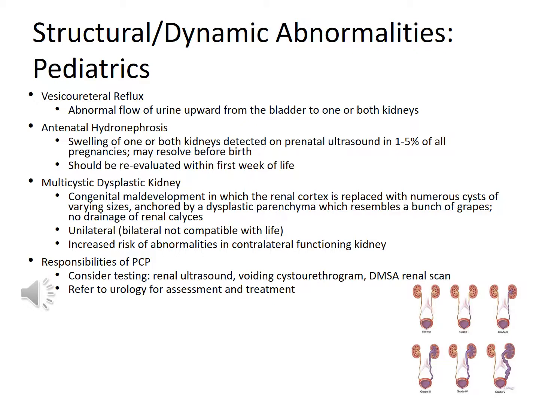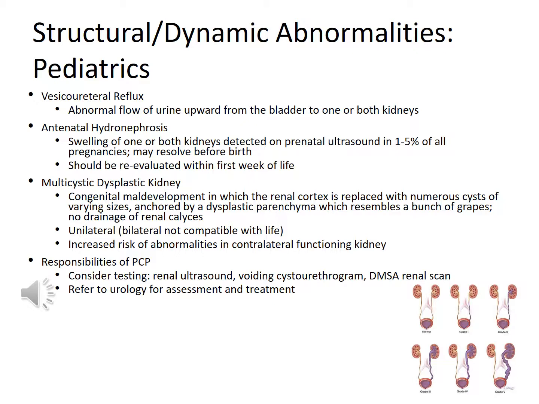Another test that is commonly done to rule out reflux is a voiding cystourethrogram, and that assesses specifically for vesicoureteral reflux, for bladder outlet obstruction, for ureteroceles or urethral valves. It does require catheterization and some radiation, and it gives you a grade of reflux based on severity on a 1 to 5 scale.